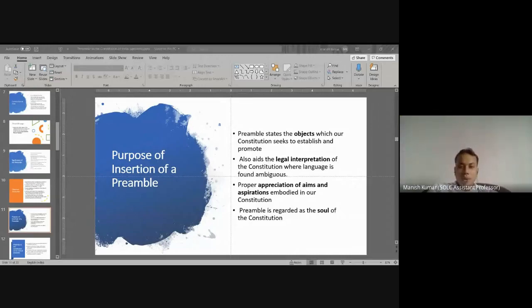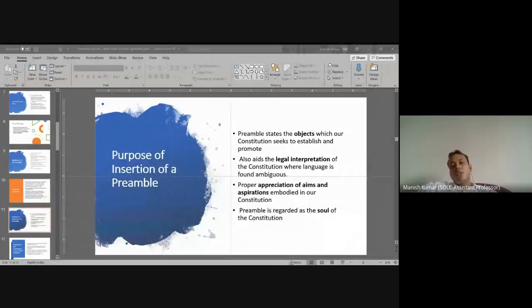So now I'm going to talk about the purpose of insertion of a preamble. Why was the preamble inserted? The preamble states the objects which our constitution seeks to establish and promote, and also aids the legal interpretation of the constitution where language is found ambiguous.